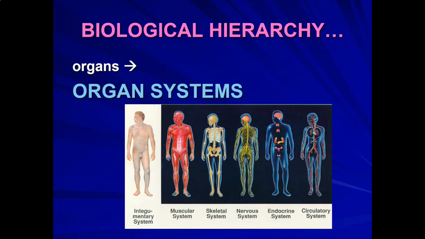Circulatory system, that's your blood vessels, your heart. Some of them might be a little odd. Integumentary, that's the skin. Endocrine, those are the glands. Lymphatic, that involves the spleen. If you're not familiar with the organ systems, just the general terminology, you've got a nice spread in your textbook that walks you through all of the organ systems in the human body.